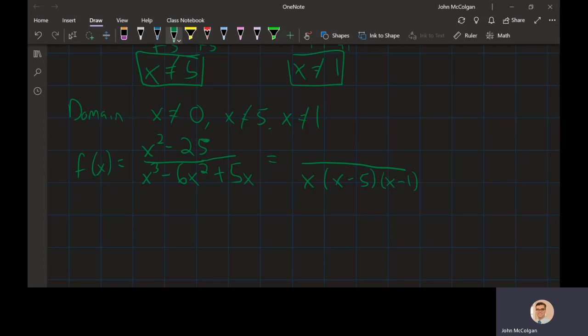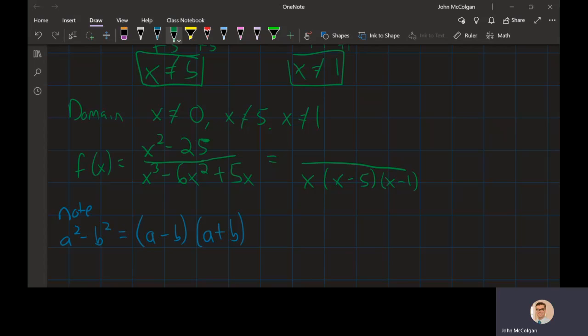And the numerator is a difference of two squares, and hopefully you remember from high school. If not, I'll show you over here as sort of a note. a squared minus b squared always factors into a minus b times a plus b. And you can multiply these out to check and make sure that's true.